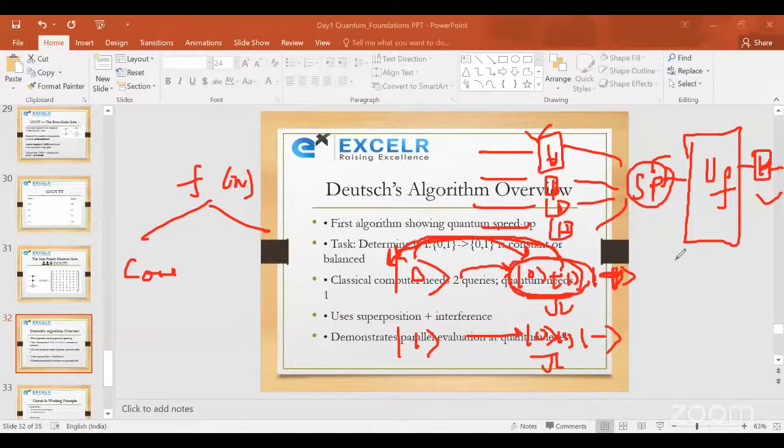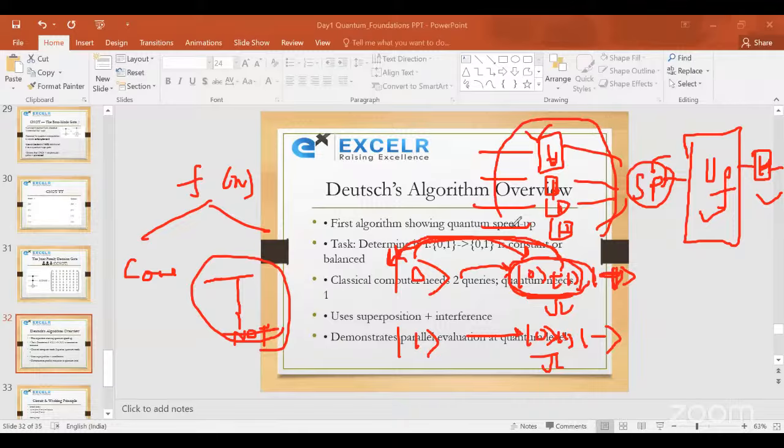So that will be the circuit for that. In this circuit, the oracle is hidden. What will be the oracle? The oracle circuit is the CNOT gate, combined with the Hadamard gate. This will be the oracle for the Deutsch algorithm.